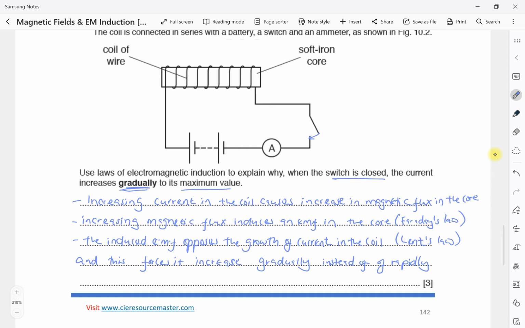The induced EMF in the core then opposes the growth of current in the coil, because remember, the induced EMF is always such as to oppose the change producing it. The change producing EMF in the core is the increase in current in the coil. So the induced EMF is going to try and oppose the growth of the current in the coil, which is producing the EMF in the core. That is in accordance with Lenz's law.